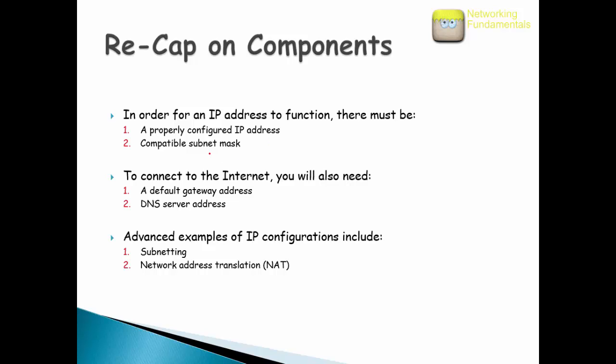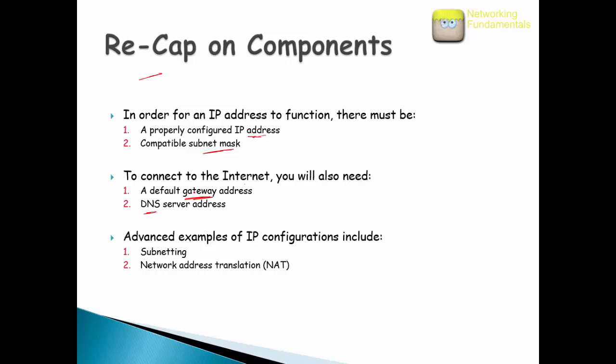So that's basically your numbering. Let's recap. In order for an IP address to function on the internet, there must be a properly configured IP address and a compatible subnet mask, which is usually assigned by your system administrator. To connect to the internet, you also need a default gateway and a DNS server.